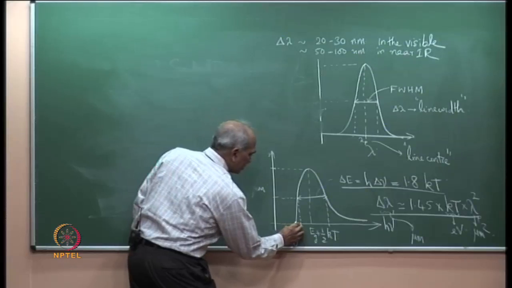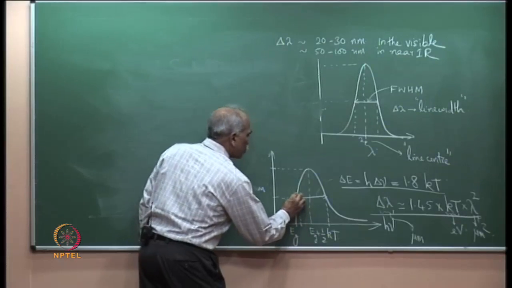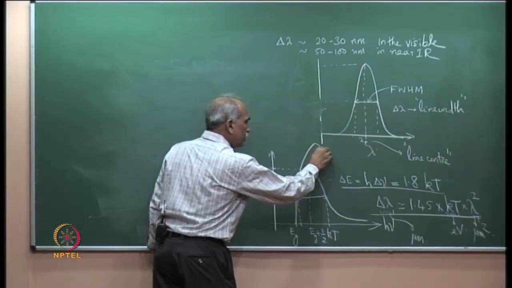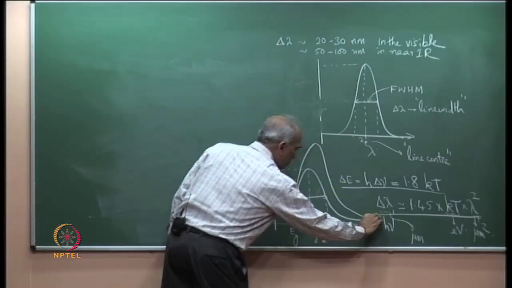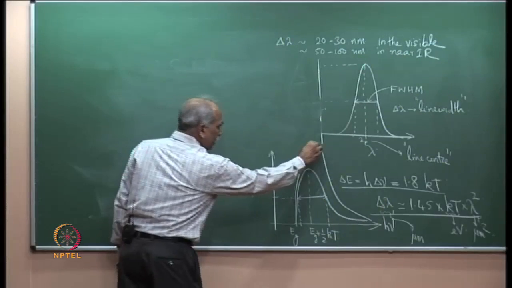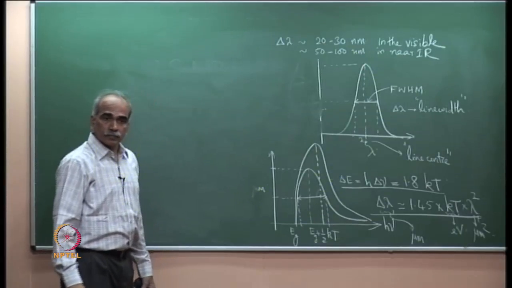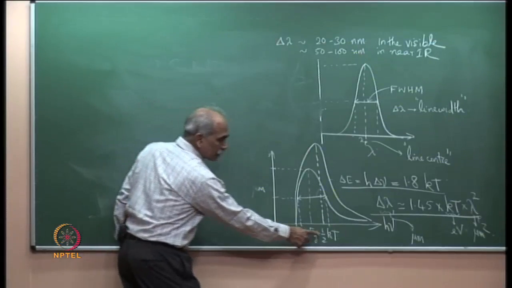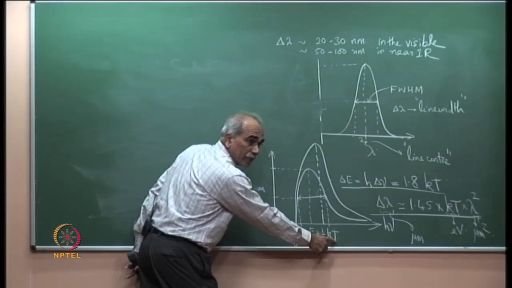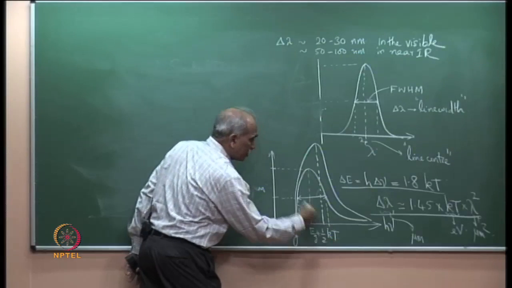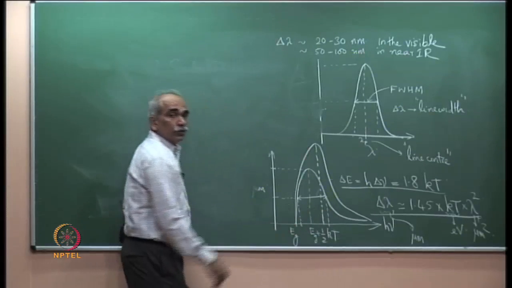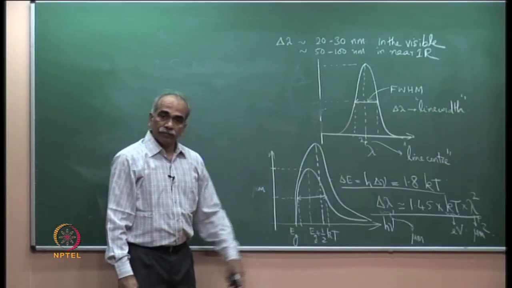Let me first plot and then you see whether what I have plotted is right. We expect this to shift to the right, because of Eg plus half kT, T is temperature. Therefore, as I increase temperature, the peak is shifted to the right.